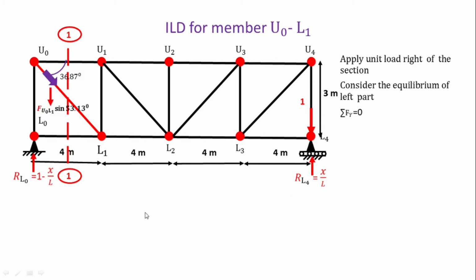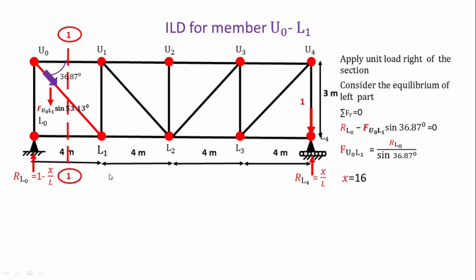So resolution of this diagonal member is downward, and that is the F U0L1 sine 53.13. So the equation is, this reaction is upward, that is why it is positive, and this resolution of this force is downward, so it is a minus. So RL0 minus F U0L1 sine 36.87 equal to 0. So F U0L1 is equal to RL0 divided by sine 36.87.